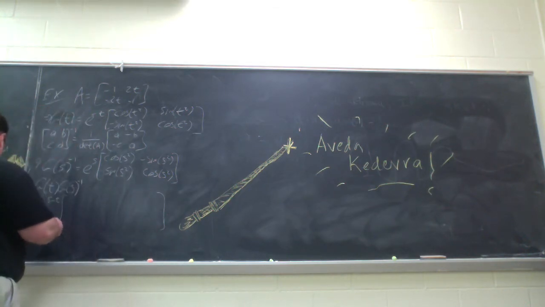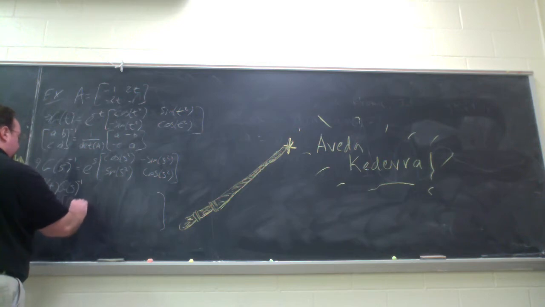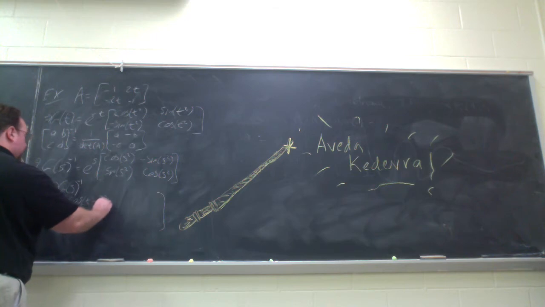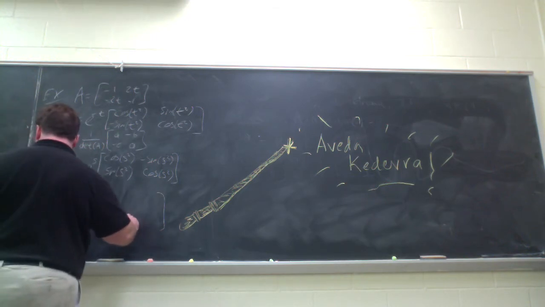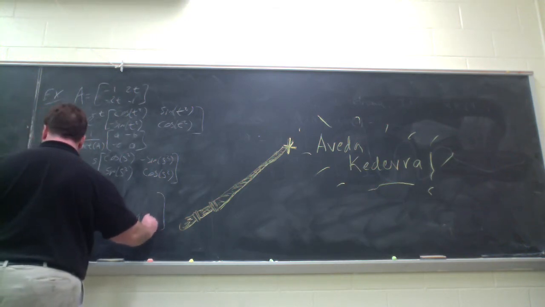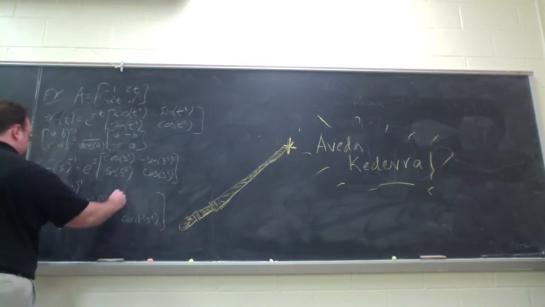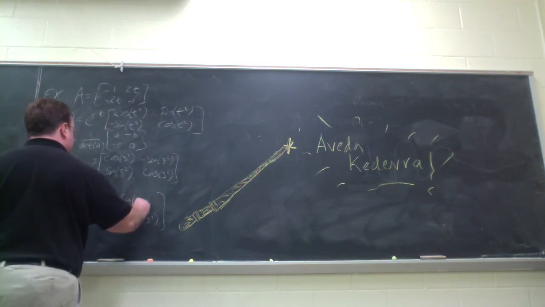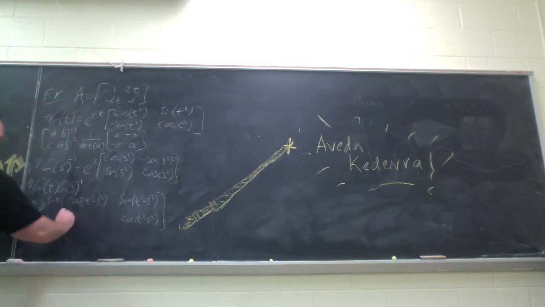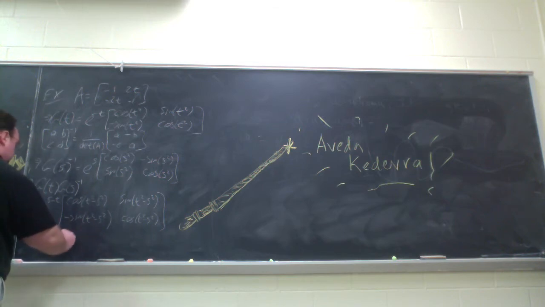So it turns out to be cosine of t squared minus s squared on the diagonal, and then sine t squared minus s squared up top, and then minus sine down below.